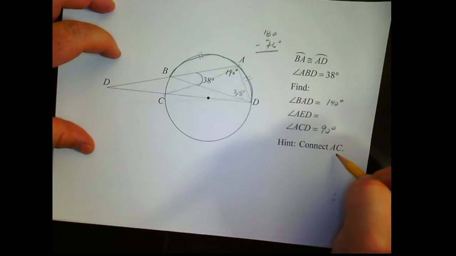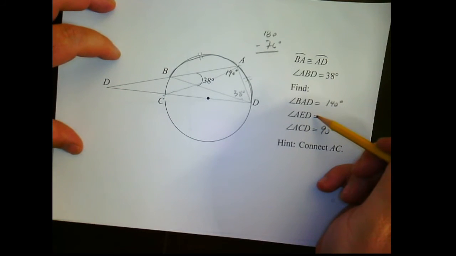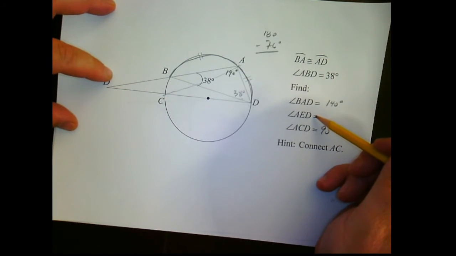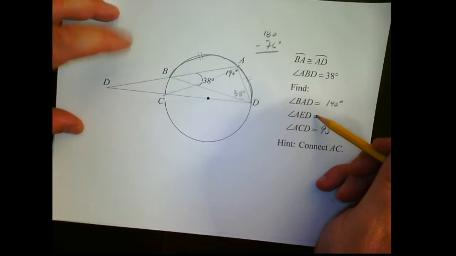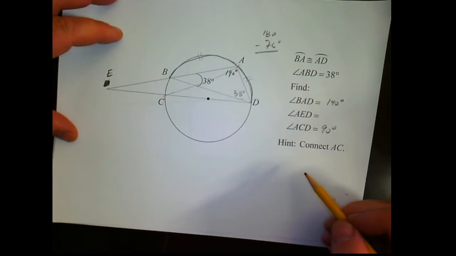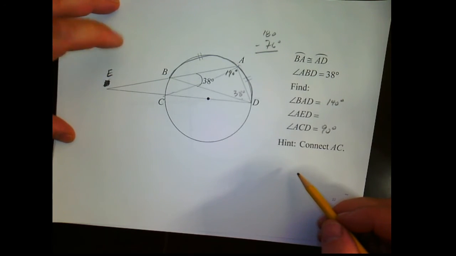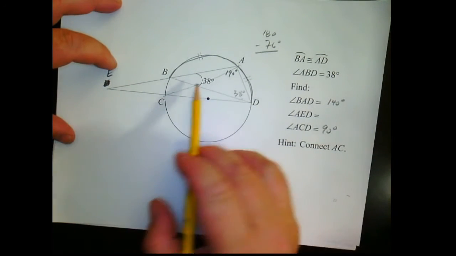That's 90. Connect AC. Yeah, that's 90. Now, AED. What could that one be? Oh, I see what the problem is. We've got a typo here. One of these is supposed to be E. I'm not really sure which. All right, well, let's say this one right here is E.